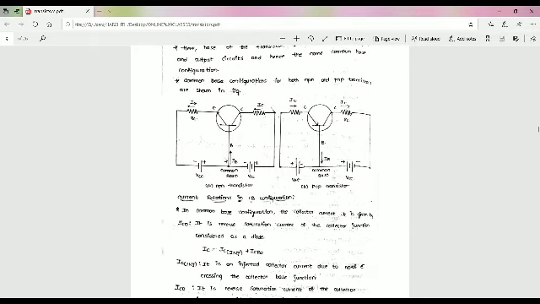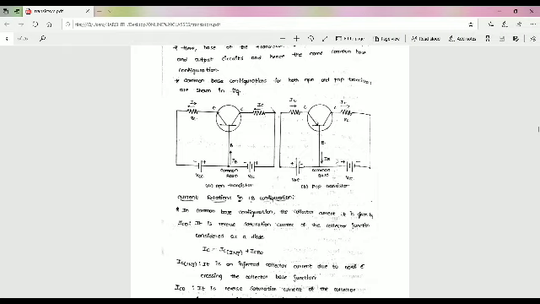Okay, here the base of the transistor is common to both input and output circuits and hence the name common base configuration. This is the NPN transistor common base configuration and this is the PNP transistor common base configuration.